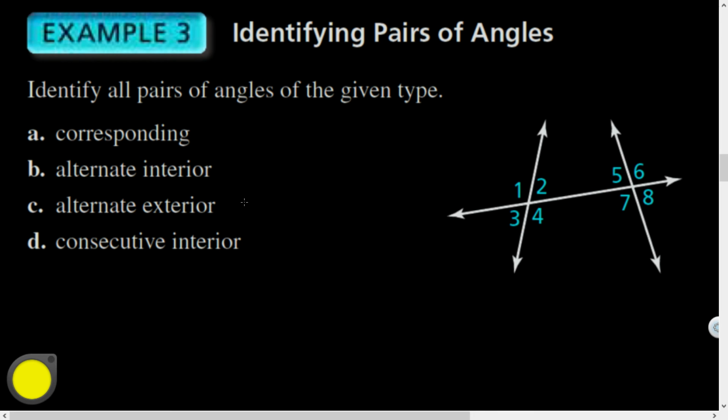Alternate exterior. What's the alternate exterior to angle 1? 8. And what's the other pair of alternate exterior? 3 and 6. Good call. And consecutive interior? 4 and 7.